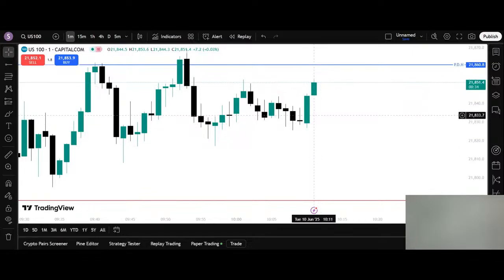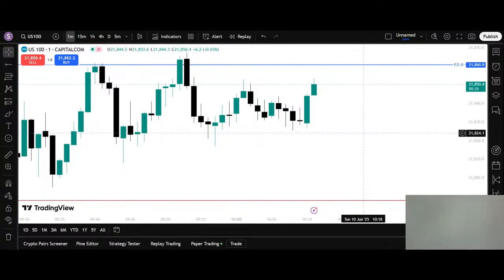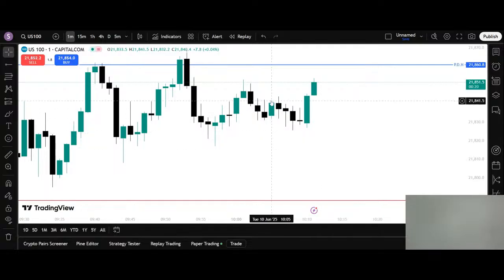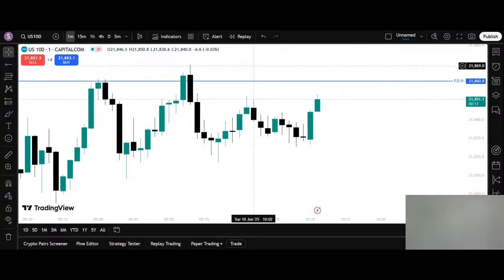Price seems to be breaking the buy side. It's too early to judge unless price takes this high with momentum.